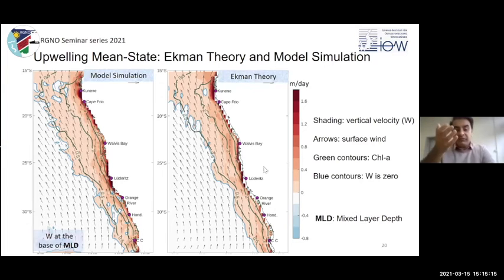I mean, if we compare the magnitude of upwelling, it is definitely maximized in Lüderitz. But if we compare the ratio of physical upwelling with biological upwelling at Lüderitz, we cannot see this signal.